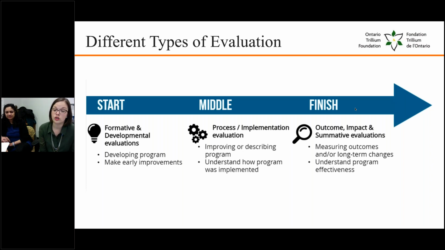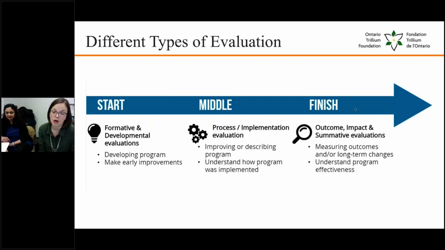And often to what extent? So this is understanding if your program changed behavior in a participant and to what degree. And it helps you really be able to then understand, is what you're doing effective, and be able to tell the story of that.